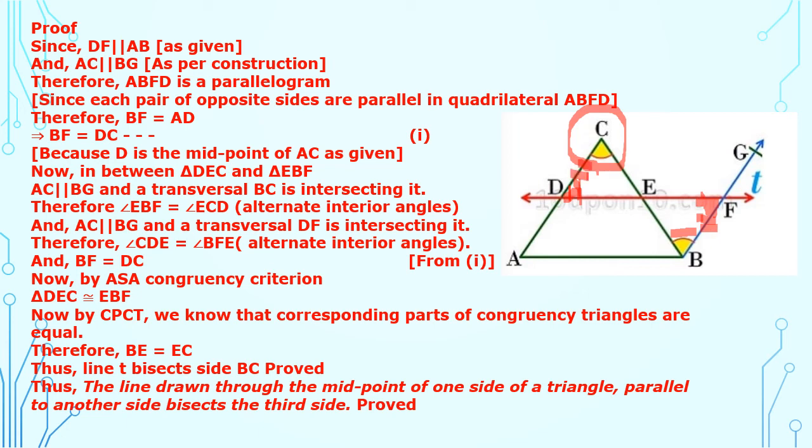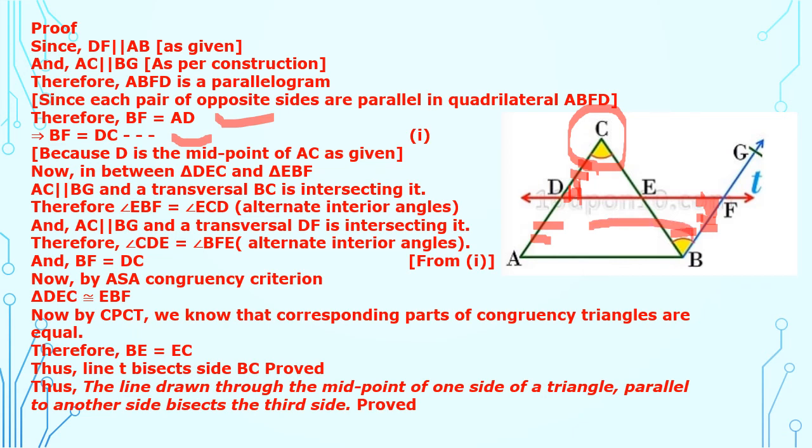Why? Because it is given in one, BF is equal to AD, but BF is also equal to DC. BF is equal to AD because of the parallelogram, but AD is equal to DC because D is the midpoint. Therefore, BF is equal to DC.